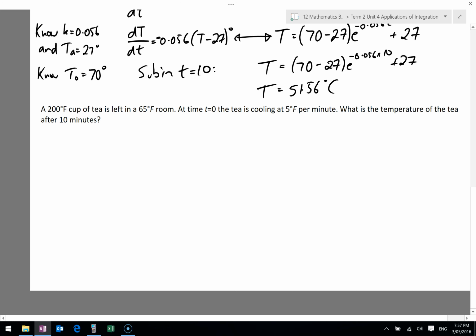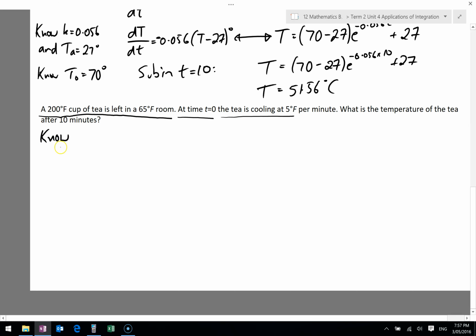Here's another one. This one's in degrees Fahrenheit, but we can still use the same model. A 200 degree Fahrenheit cup of tea is left in a 65 degree room. At time t equals 0, the tea is cooling at 5 degrees per minute. What's the temperature of the tea after 10 minutes? Let's write down a few things we know.